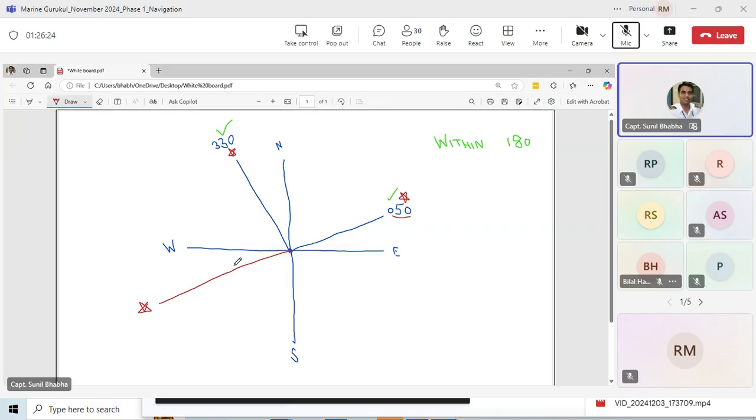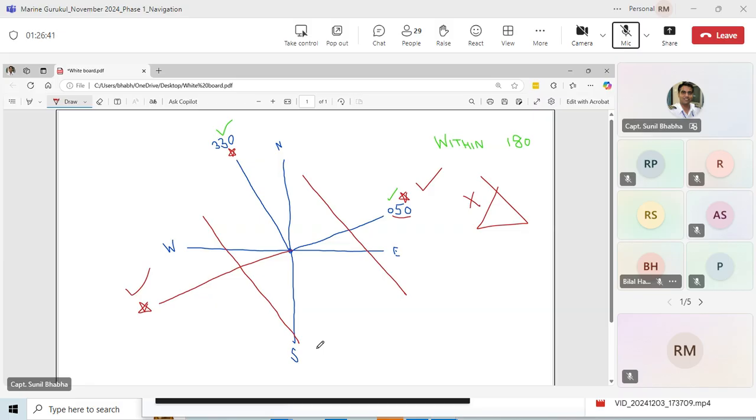One PL will be running like this, another PL will be running like this. They will be parallel to each other and they will never meet. So a cocked hat will not be formed. So this type of question cannot be made. Understood, sir. Thank you. Great.